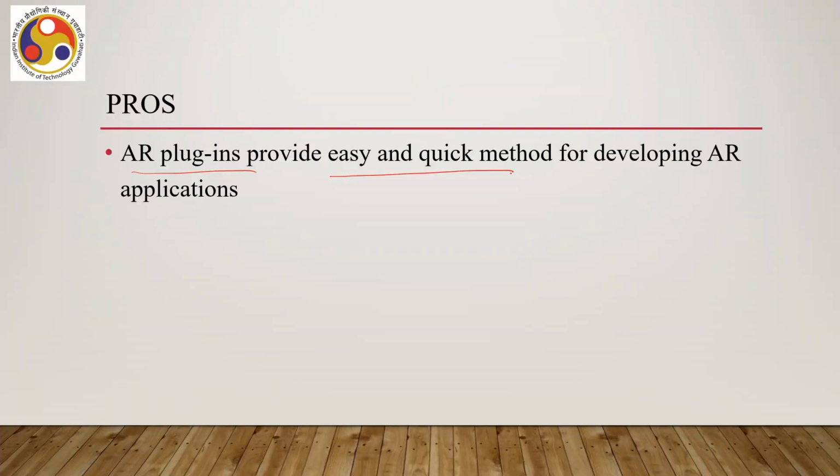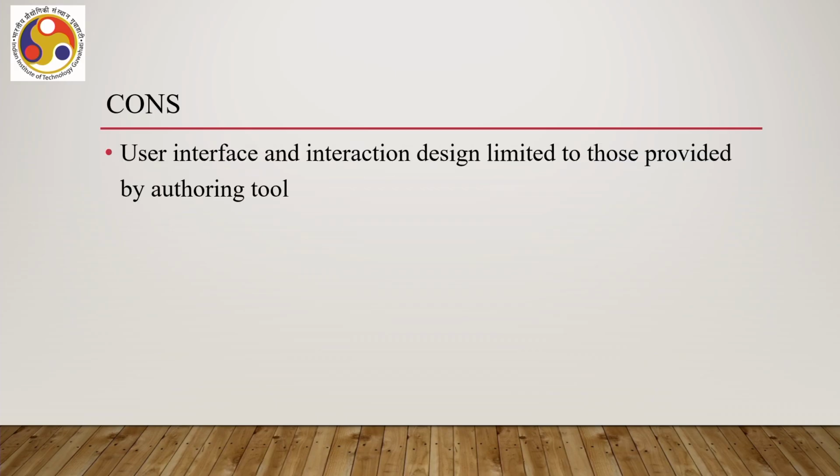So, what are the pros? Already we have discussed. When we are using the plugin based approach, plugin based tools provide an easy and quick method for developing AR applications, but there are cons, there is a negative side also. User interface and interaction design can be limited to those provided by the authoring tool.